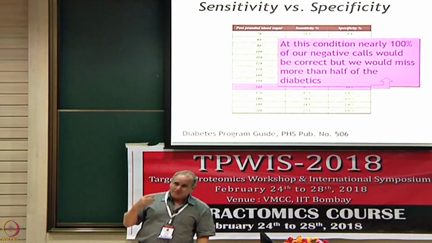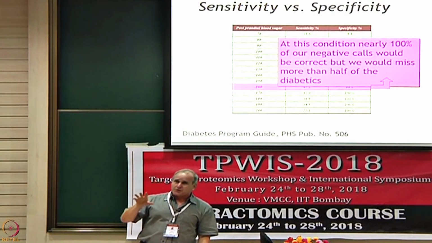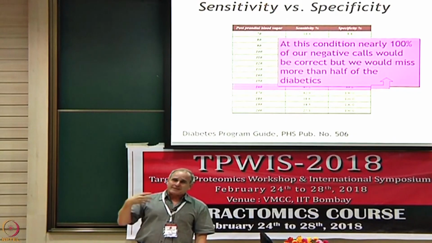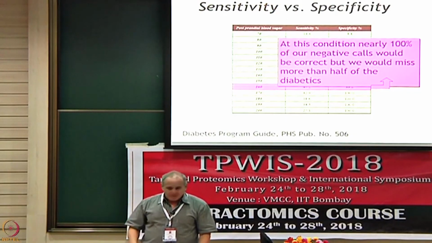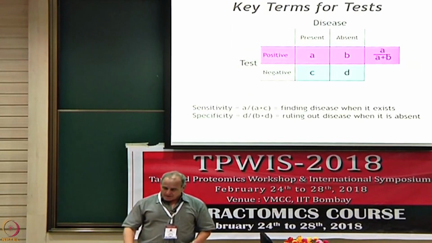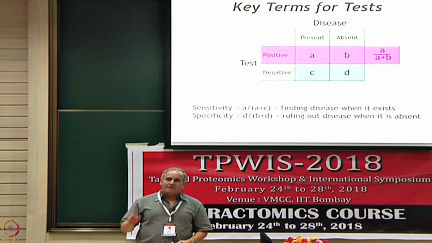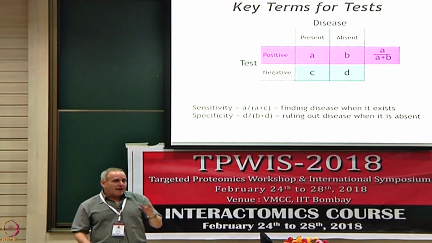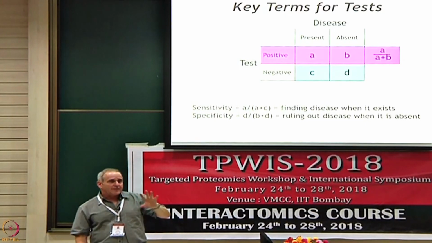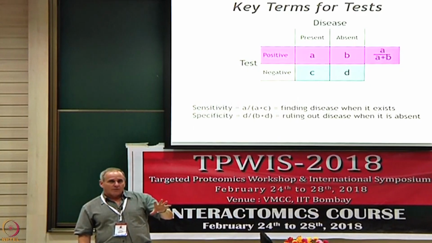And so there are two statistical terms we use to describe what's happening to me, all right? And the first one is the positive predictive value. Okay, so what do I mean by the positive predictive value? The positive predictive value is if the test is positive, what's the chance that I have the disease?